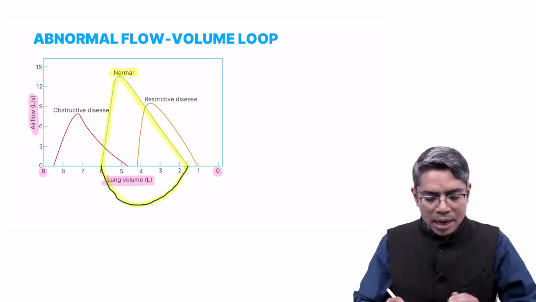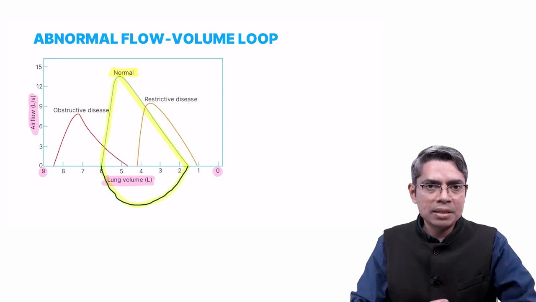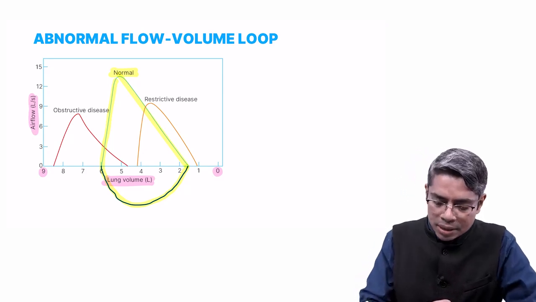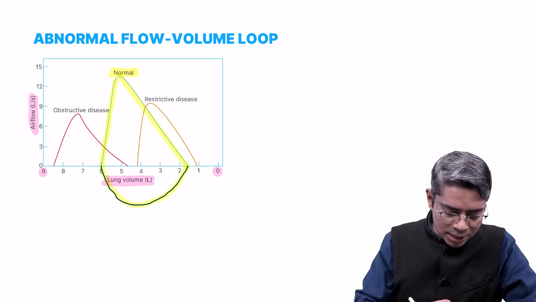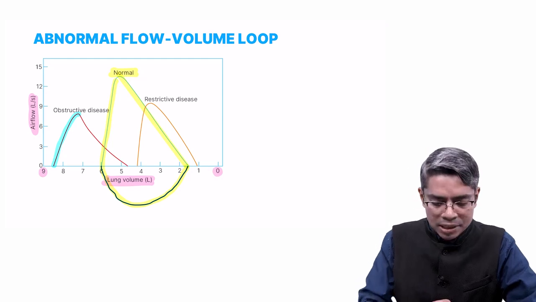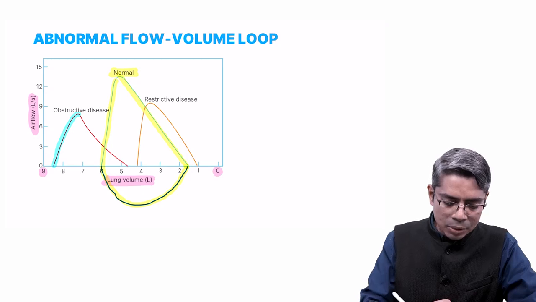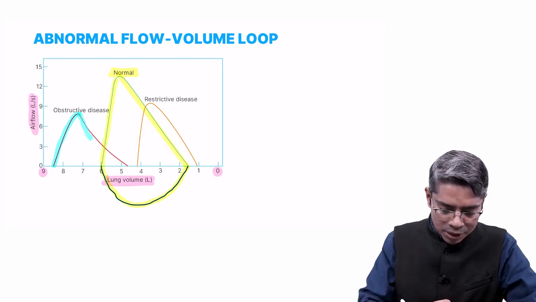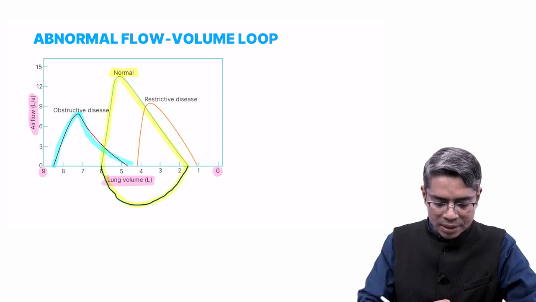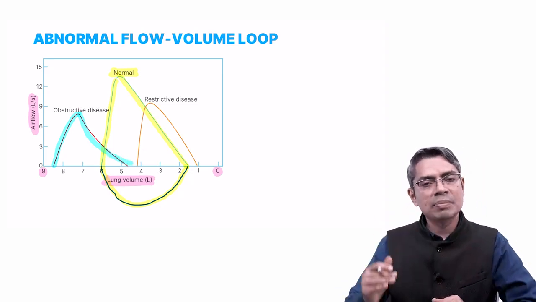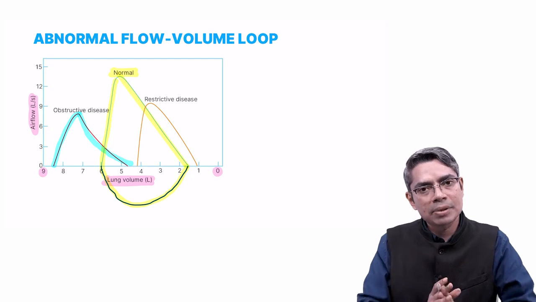If I look at the obstructive disease curve, how do we understand that this is an obstructive disease curve? Look at the peak expiratory flow rate. What has happened to it? PEFR has been reduced. And if I look at the expiratory portion, it is not sharply decreasing. There is a depression, which means small airways are getting collapsed.